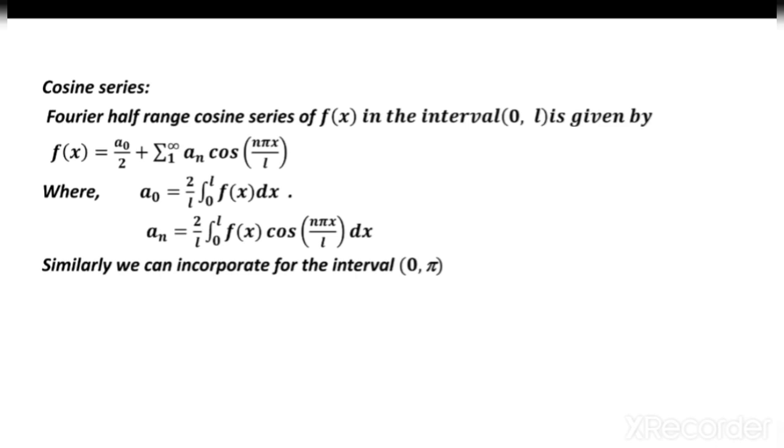When you put L equal to pi, your a0 formula will be 2 by pi integral 0 to pi f of x dx, and an formula equals 2 by pi integral 0 to pi f of x cos n pi x by, put L equal to pi. When pi cancels, this formula reduces to f of x cos nx dx. So this is the way we can incorporate the value when L is pi.